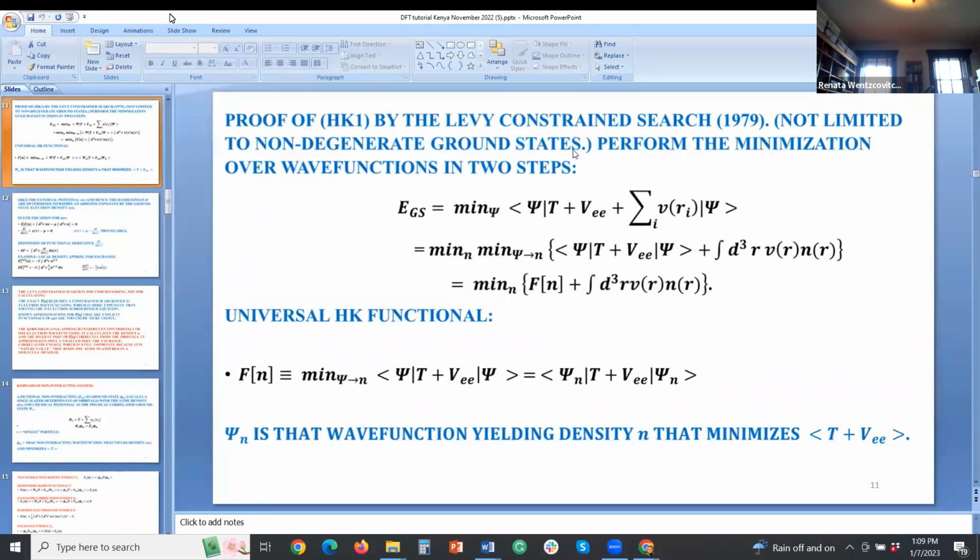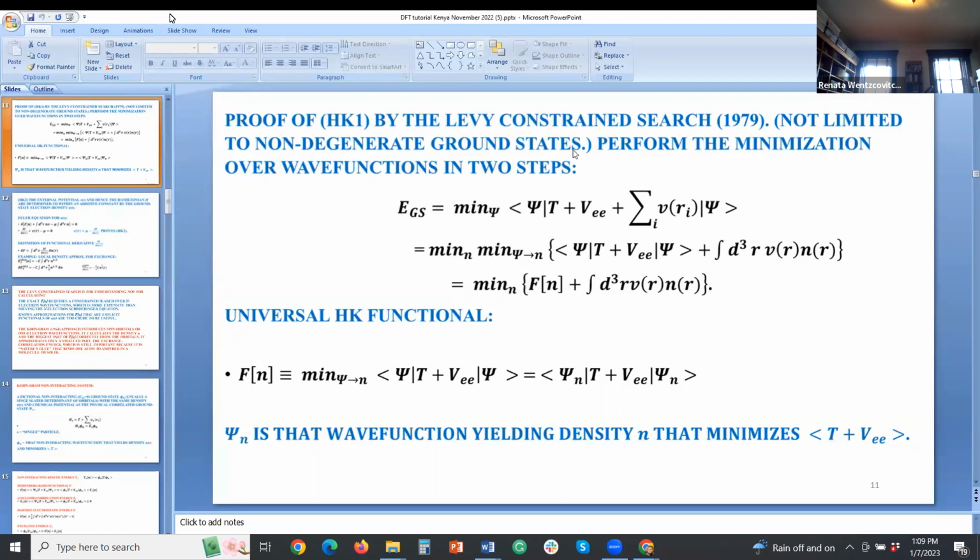And in general, there can be many such wave functions that yield the same density. The second step is to do the minimum over all N-electron densities. And when you look at it from this point of view, you can see that it's equivalent to simply minimizing over all the N-electron densities, a functional of the density plus the integral of V(r) n(r).